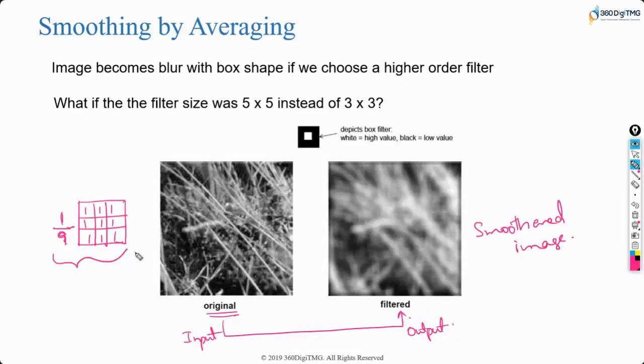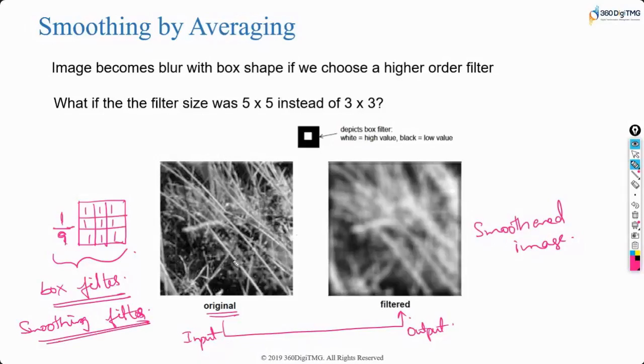Hence, this filter is also called a smoothing filter or a box filter, which will actually smoothen your image.